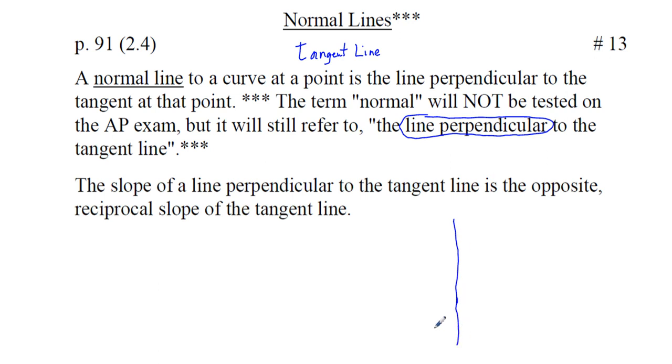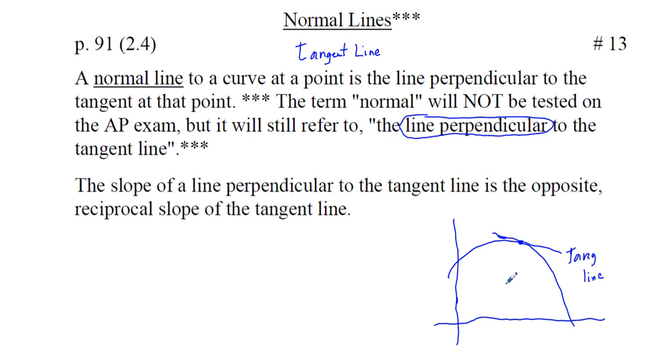If we have a curve like this that represents a function, and we have a tangent line at a point that I'm drawing in here. This is the tangent line.